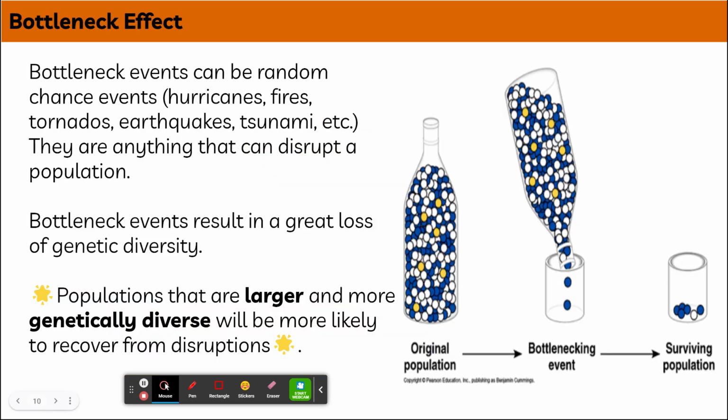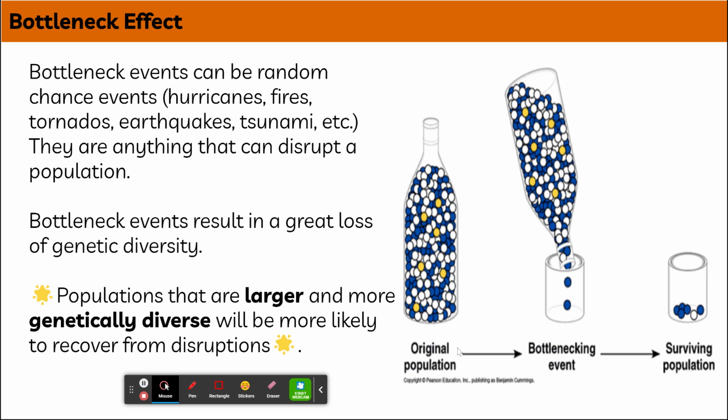Now, we'll talk more about the bottleneck effect later in this unit, but bottleneck events are random chance events such as hurricanes, forest fires, any sort of natural disturbance that can disrupt or change a population. And typically, these bottleneck events result in a great loss of genetic diversity. The reason why it's called the bottleneck effect is because of the overall shape of an actual bottle and the neck.